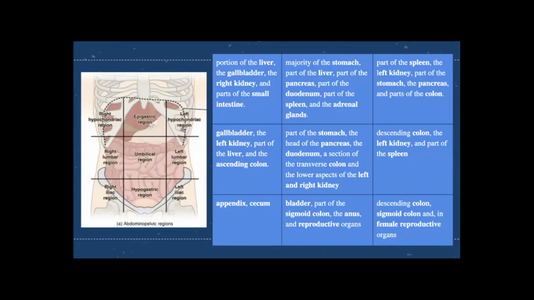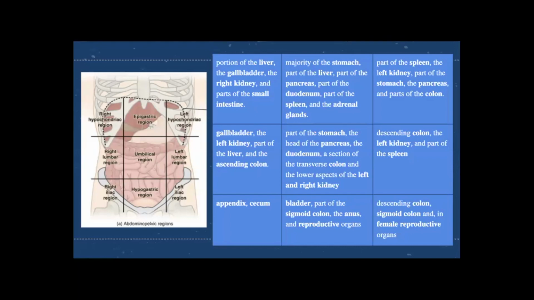Someone had a question about how these are named. Most of us have not been in medical terminology. These names are basically a mixture of prefixes, suffixes, and roots, which work kind of like a dictionary, but unless you know those terms, it's hard to explain. We're going to go over that in a couple of slides, but for right now, take the right hypochondriac region.